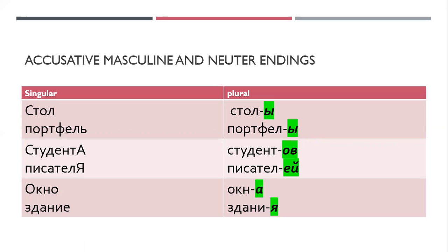And for plural accusative, it becomes писателей. Окно and здание are neuter nouns, and they're singular. Окно becomes окна, so it ends in a. And здание, building, becomes здания. So those are the accusative masculine and neuter endings.